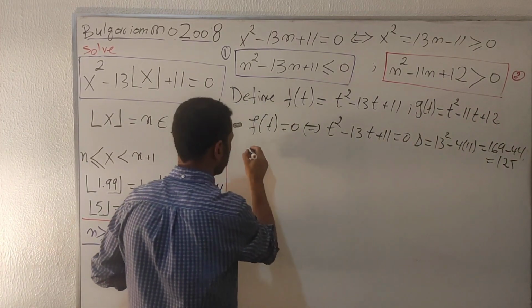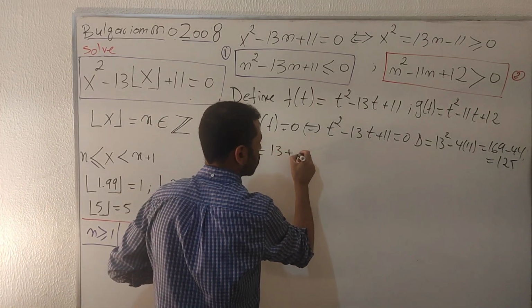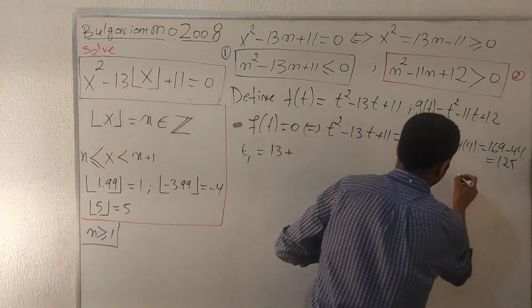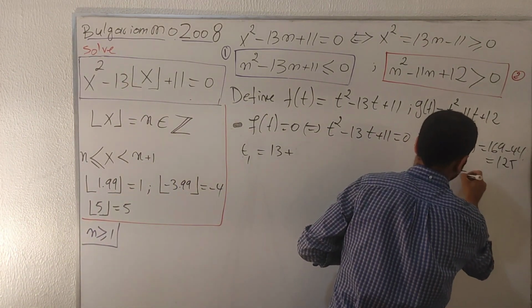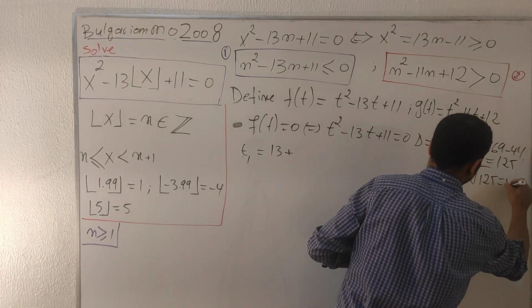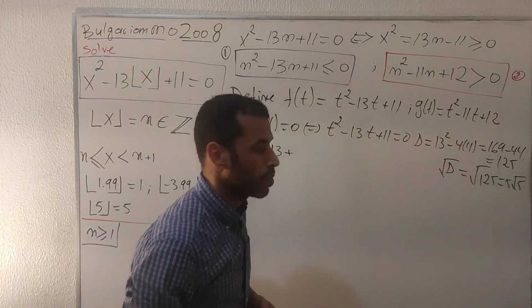So I have two solutions here. T1 is 13 plus square root of 125. As we know, square root of delta equals square root of 125, which is the same as 5 multiplied by square root of 5, because we have 25 multiplied by 5.